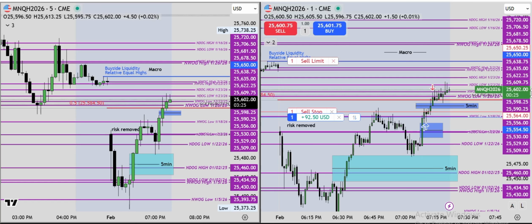I'm checking the quadrants of that new week opening gap. I don't keep it on the screen just because there's too much going on, but I just want to have an idea of where we are for the four quadrants.